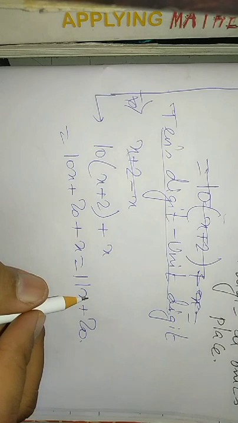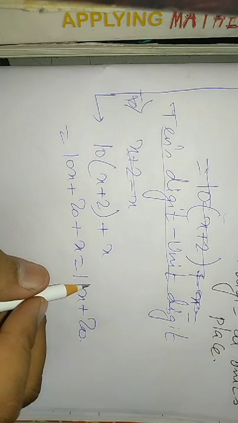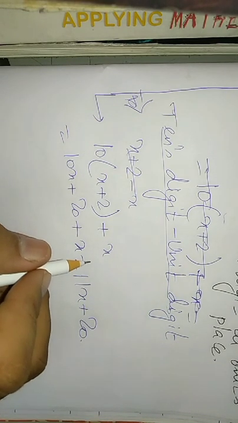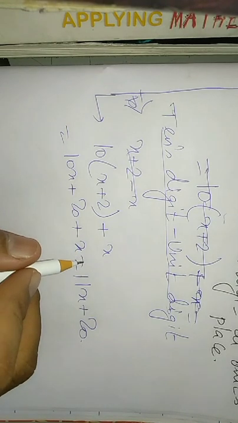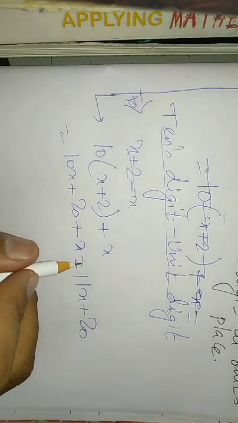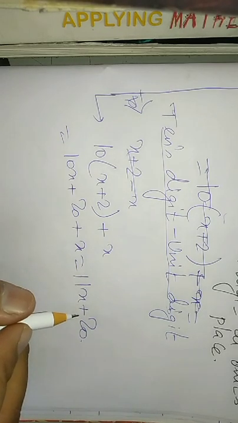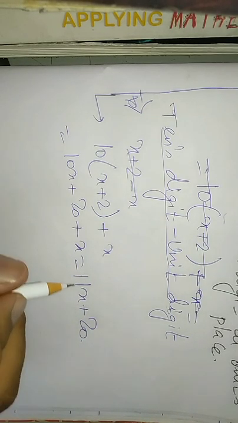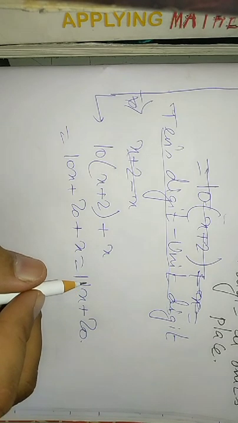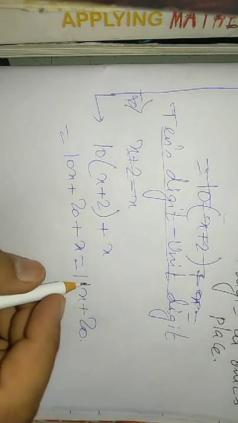For that we need to find the difference of the digits. In the question it has been said that the difference of the digits is 1 by 32 of the number, right?